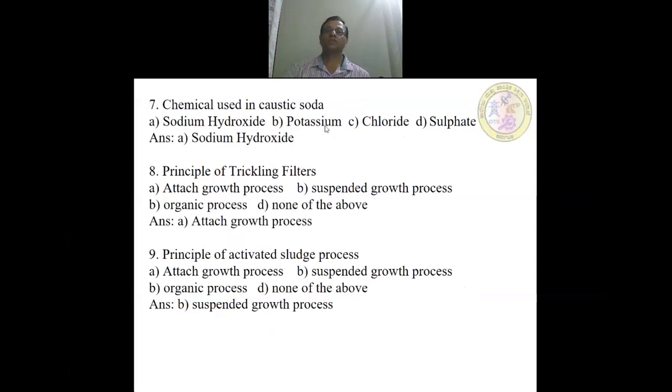The chemical used in caustic soda is sodium hydroxide. The principle of the trickling filter is an attached growth process, while the principle of the activated sludge process is a suspended growth process. So in this way we can remove effluent from the cotton textile. Thank you.